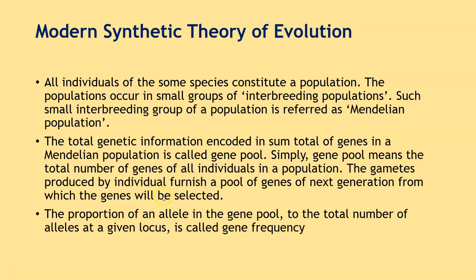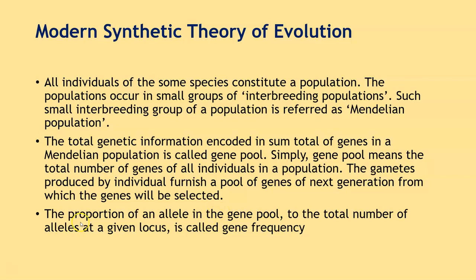The gametes produced by the individuals furnish a pool of genes for the next generation from which the genes will be selected. So, all the genes that can be passed on to the next generation are present in this pool, and the selection will be done from this pool.